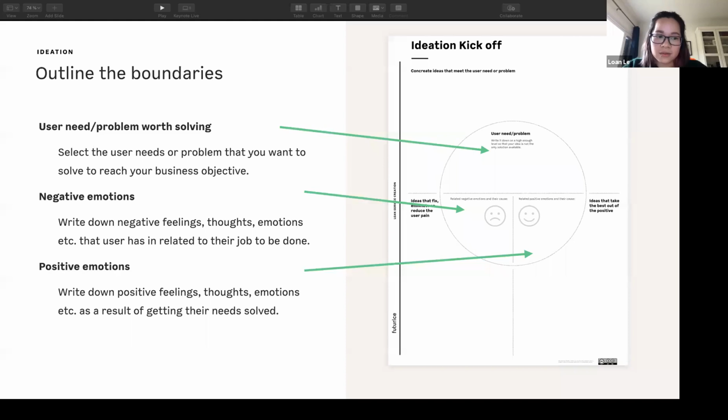And then write down the negative and positive feelings users have around that problem. Then together with your team, you brainstorm around these different ideas. If you already fall in love with some idea, write that down first, so you don't ponder about it, and then work on new ideas.